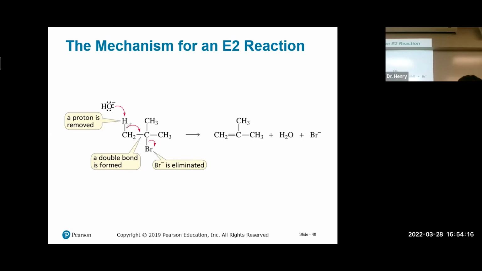So then it's going to cause the electrons here to be moved to here to form that double bond, which then is going to cause these electrons to release the bromine. Okay, so you get your double bond forming on the backside where the hydrogen donated its electrons to the hydroxide. The hydroxide donates electrons to that hydrogen to remove that hydrogen from the methyl group.